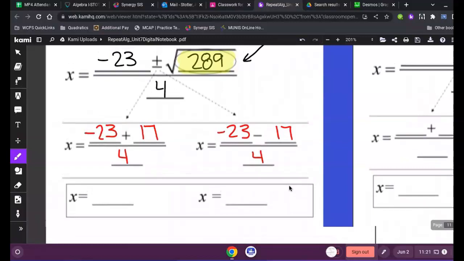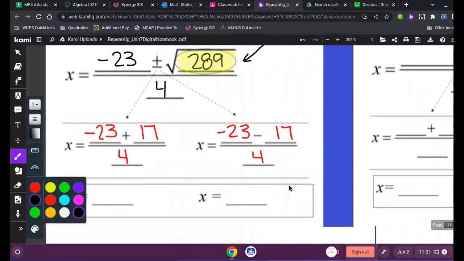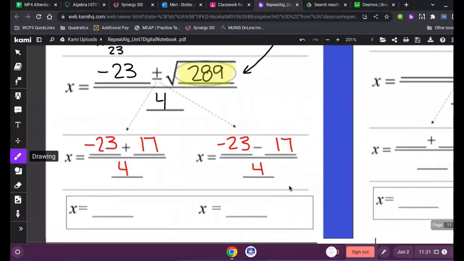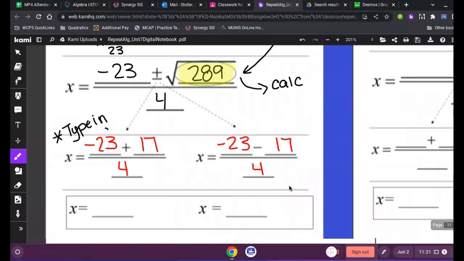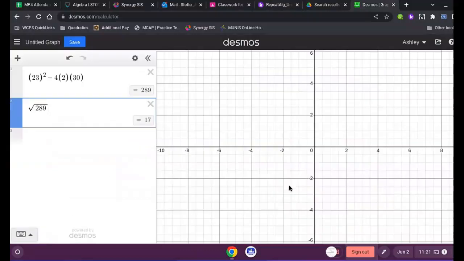And then last, we just type this into the calculator. As long as you can fill in the blanks and type into the calculator, this should be pretty easy.